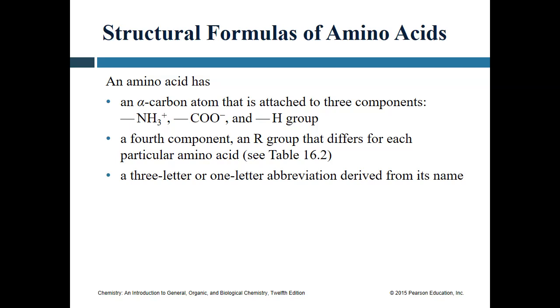And then that 4th component is the wild card component. That is the thing that makes a given amino acid whatever amino acid it is. And depending upon the characteristics of that R group, we're going to see things like polarity or non-polarity, acidity, basicity, or neutrality.